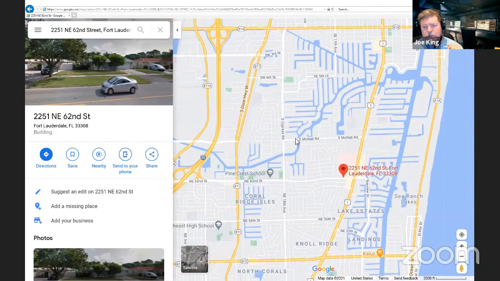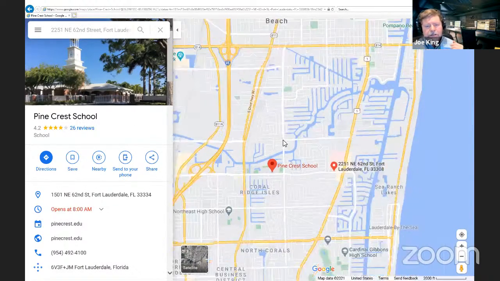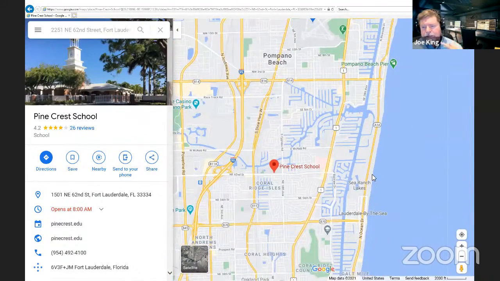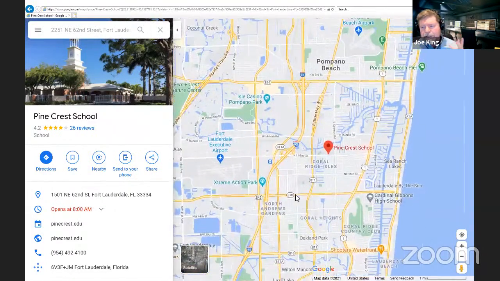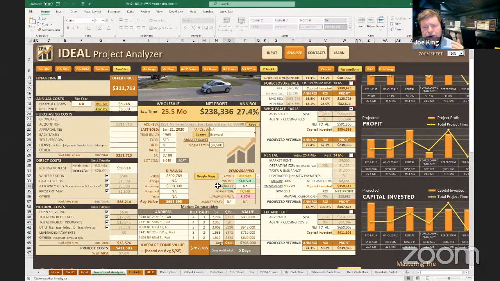As far as the schools go, it looks like there's a school nearby here. We can do some more research to find out what some of these schools are rated, and whether or not they're any good. But there's a high school right down the road here, so there are schools. And this is just Google. We can actually go straight to the schools area.